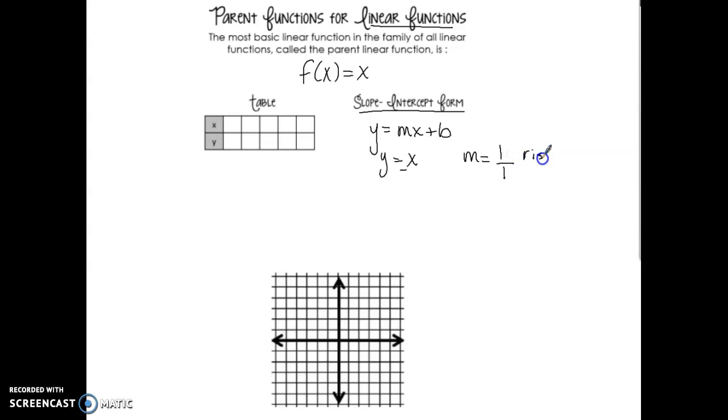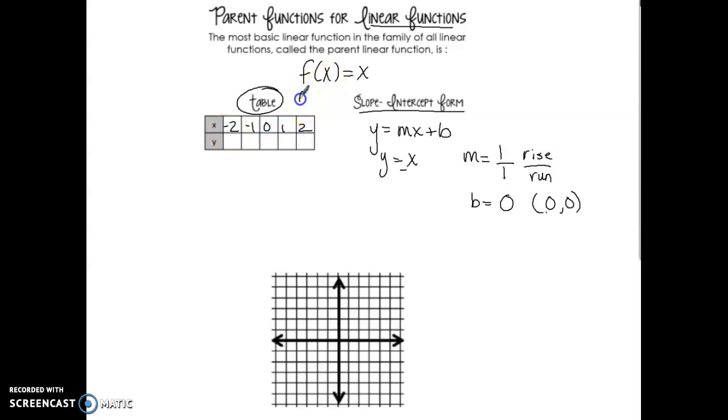So rise over the run. And the b, because there is nothing added, is going to be 0, which means this line goes through the origin 0, 0. When x is 0, y is 0. If you forget, always go back to your table of values. You pick your inputs, and you can find your outputs.